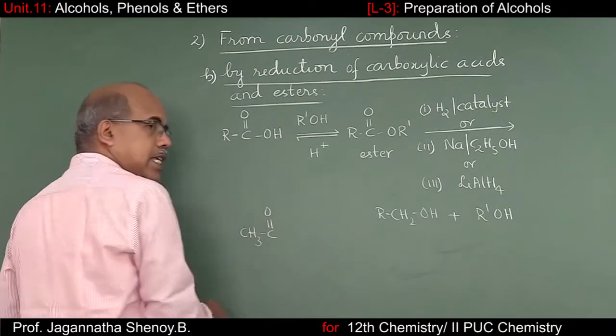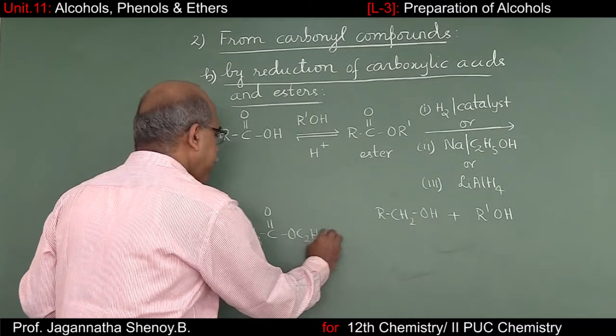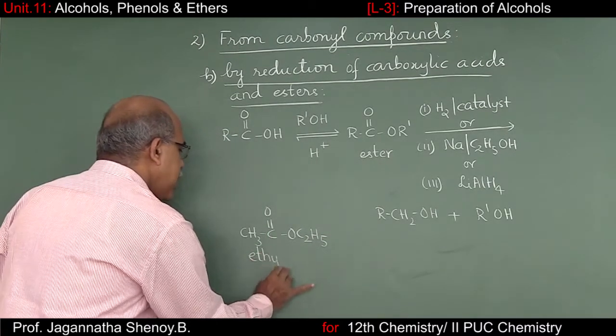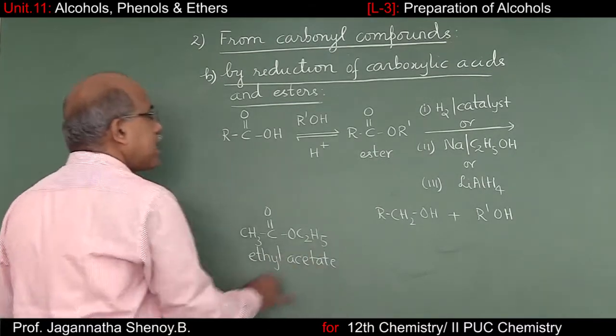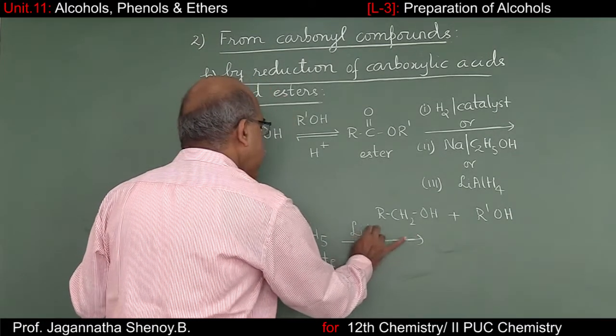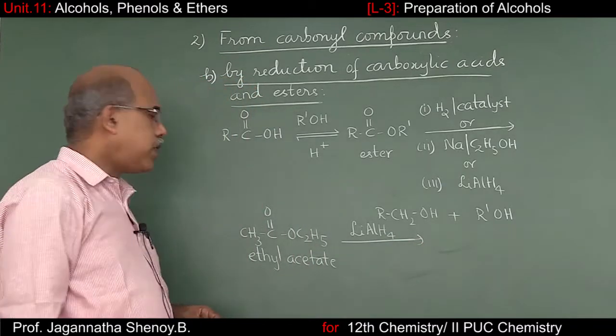So if I start from, for example, ethyl acetate, CH3COOC2H5. So this is an ester, and name of this ester is ethyl acetate. I'll subject this to a reduction. Let us say I'll make use of lithium aluminum hydride. So what should be the products?